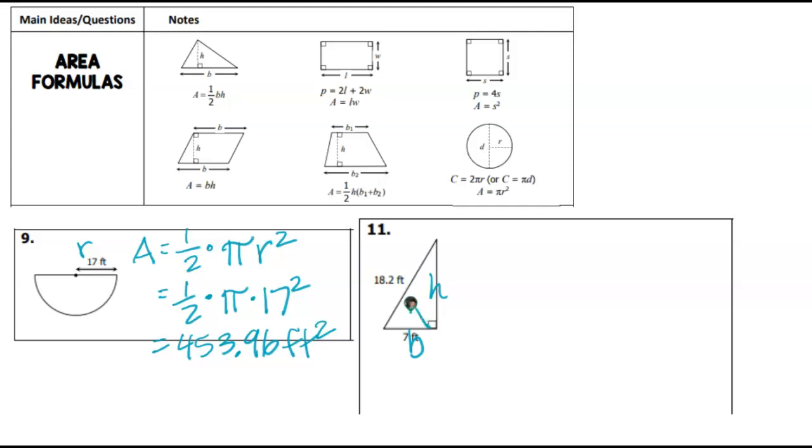This would be my C over here using Pythagorean theorem. So I'm going to do that first. So I got 7 squared, that could be my A, plus, I'll even just call it h squared, equals 18.2 squared.